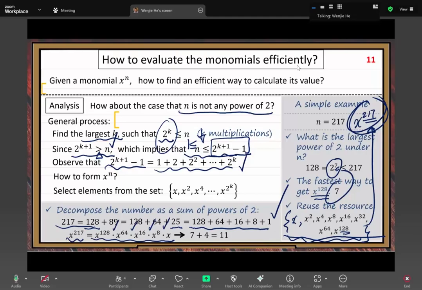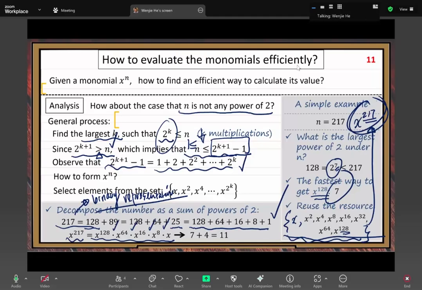Actually, it's a binary representation. Corresponding to your binary representation: 1, 0, 1, 0, 0, you skip that power of 2.